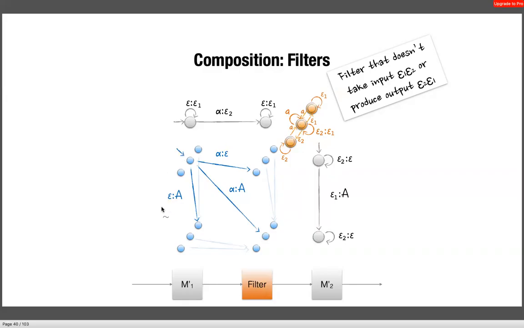So this is what the resulting state space would look like, and these are all the transitions. If I prune away all the transitions which do not have a successful path starting from the start state, then I'm left with these three transitions. And this is exactly what I want to retain in my composed machine.